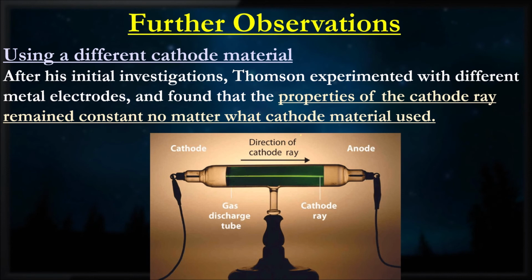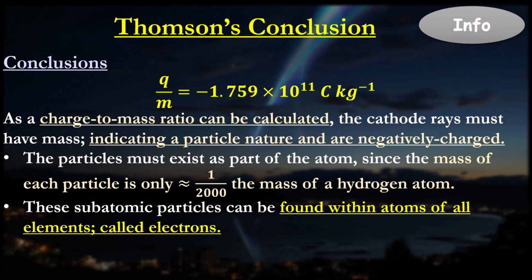Okay, he actually changed the type of metal, so he changed the different cathodes up, and he still saw a cathode ray. So he still saw all the exact same properties, even though he kept on swapping the type of metal electrodes he used. This would imply that if they are found in all different types of metals, then this is a subatomic particle of the actual atom, so smaller than the actual atoms of that piece of metal, and it's found in all different types of elements.